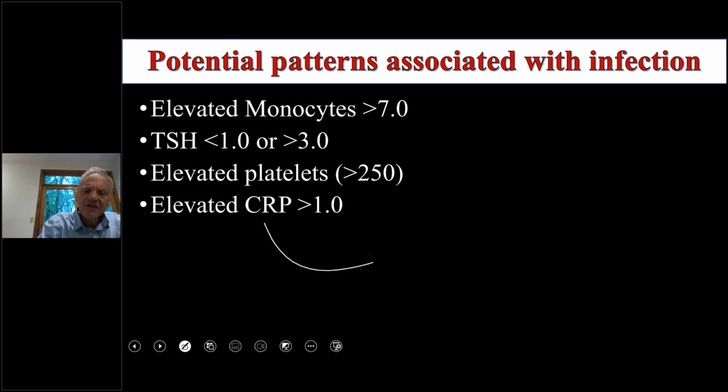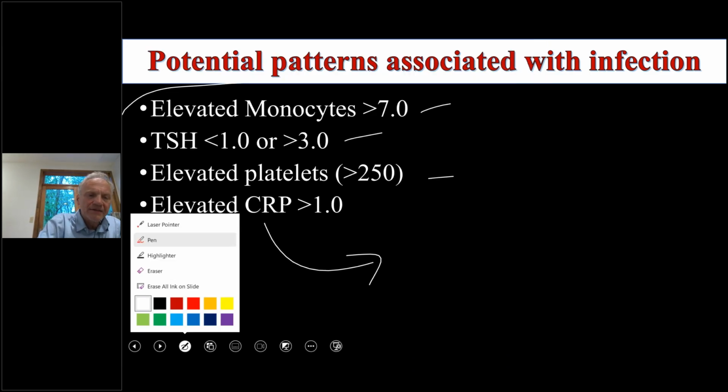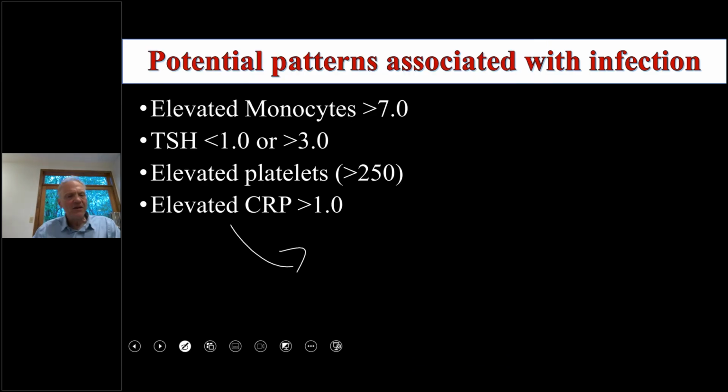CRP. Anytime CRP is above 1, it fits a pattern of infection. Now, I will tell you, out of all of these, the top 3 are probably more specific for chronic infection. And elevated CRP is there, but just general inflammatory processes can do that with CRP too. Okay, so let me say it differently.